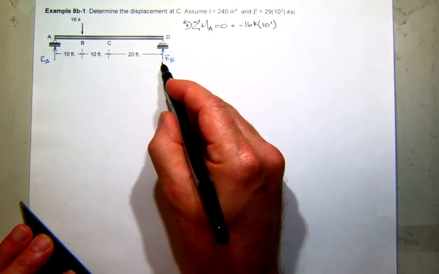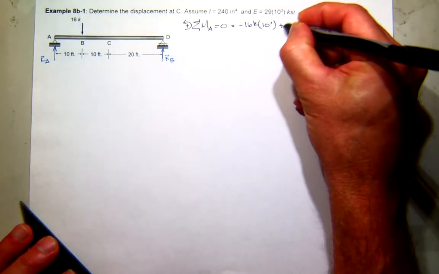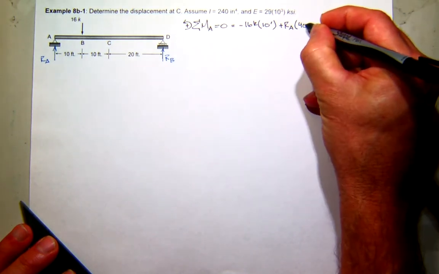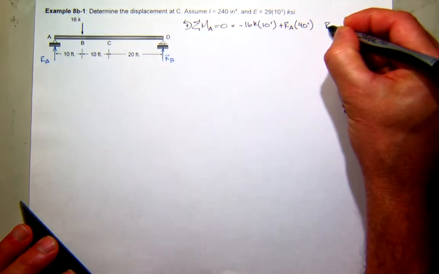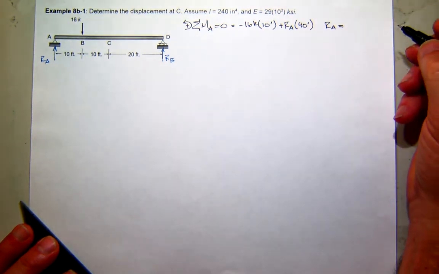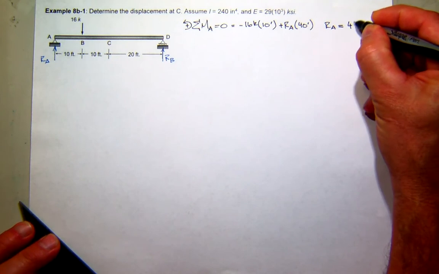And then my reaction at B creates what kind of moment about A? Positive. And that has a moment arm of 40 feet. So it looks like the reaction at A is 4 kips.